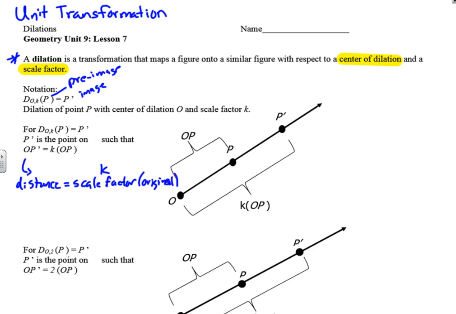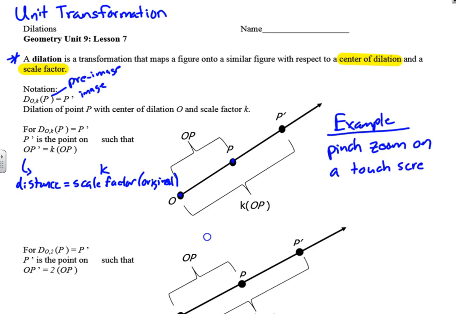All right, so let's look at what's happening. We've got our center of dilation here, point O, and we've got point P. What happens is that the scale factor, in this case, is taking it further away from O. A good example of dilations is when we use pinch zoom on a touchscreen device.